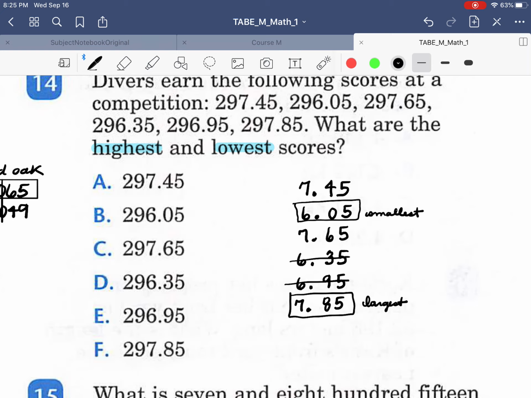The 605 is going to be the smallest. That's this one. And then the largest is the 7.85, which is down here. So the two end scores for number 14 are B and F.